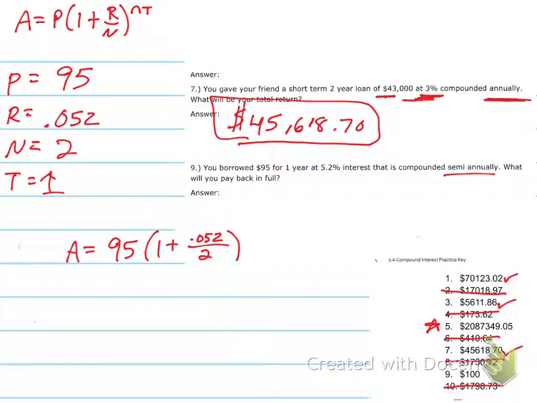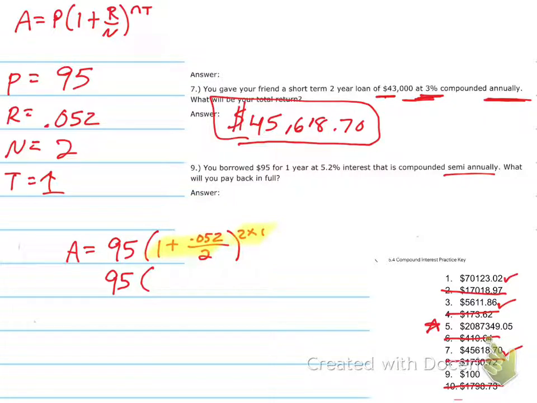And then I'm going to take that to the exponent of n times t, which is 2 times 1. Once I have that in, I can simplify what's on the inside here, and then I can also simplify my exponent.